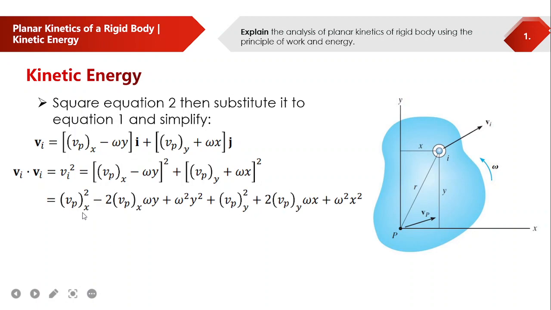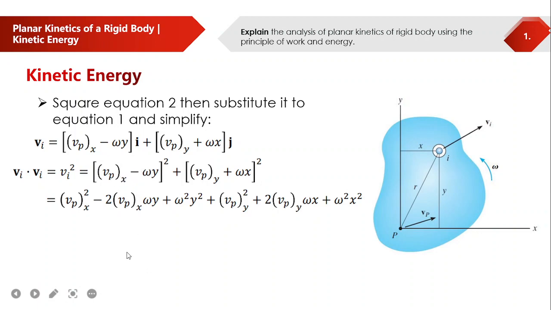So that will be v sub p sub x squared minus the product of v sub p sub x and omega y twice. This is just algebra, or multiplying a binomial by itself.